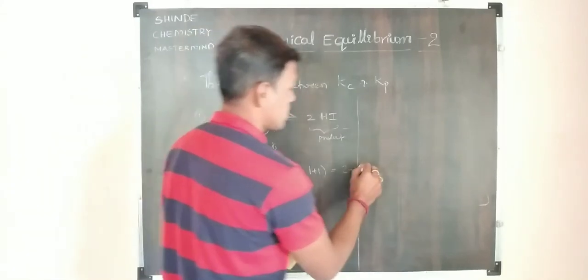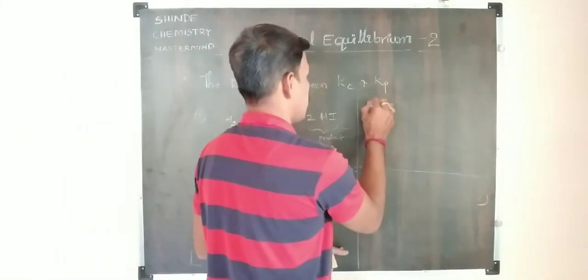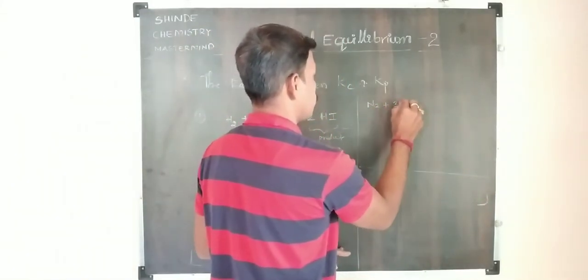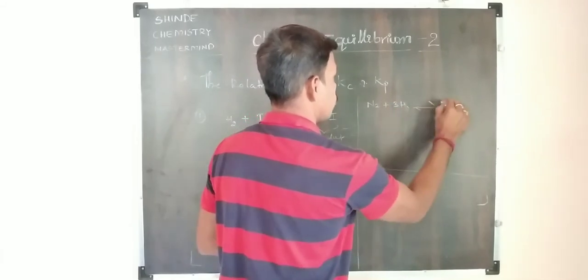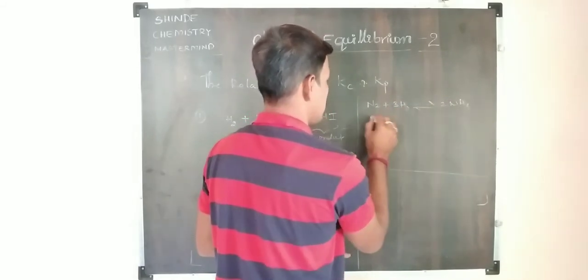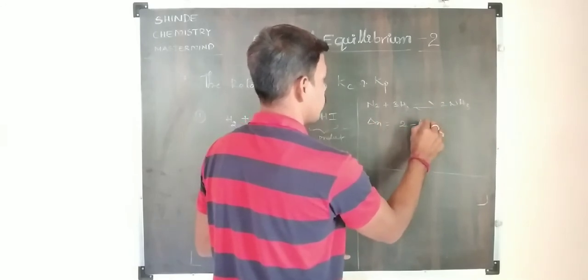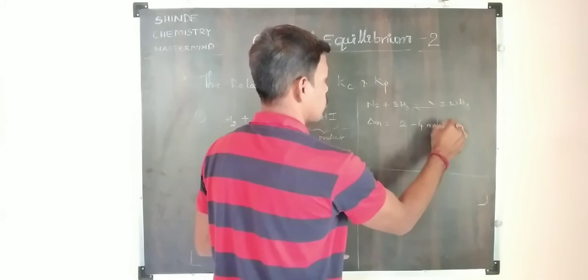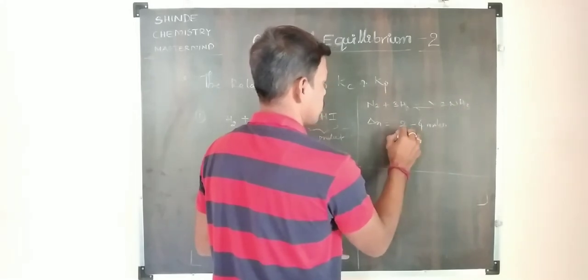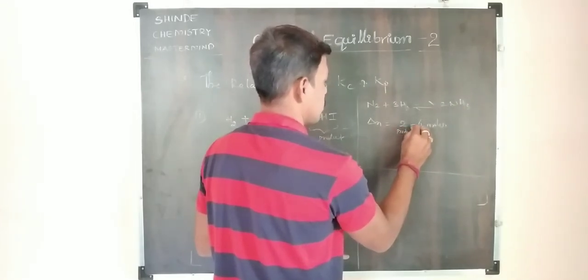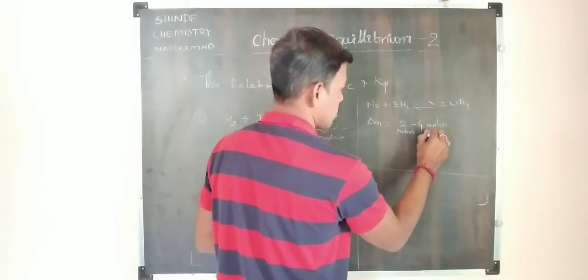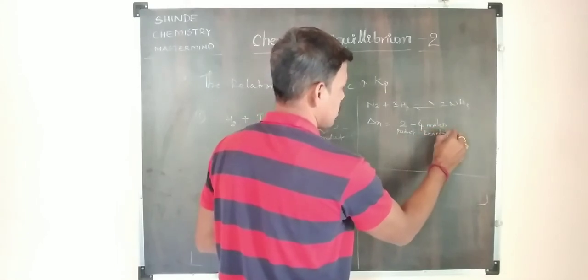Now the second one, N2 plus 3H2 gives 2NH3. Here the delta n value is 2 moles minus 4 moles. Why? Because 2 moles is the number of moles of product, and 4 is the number of moles of reactants.